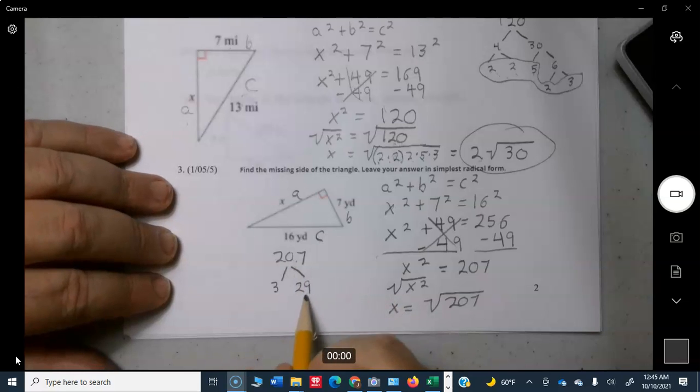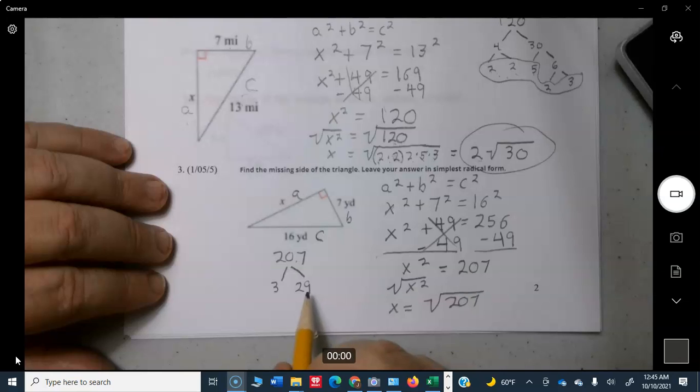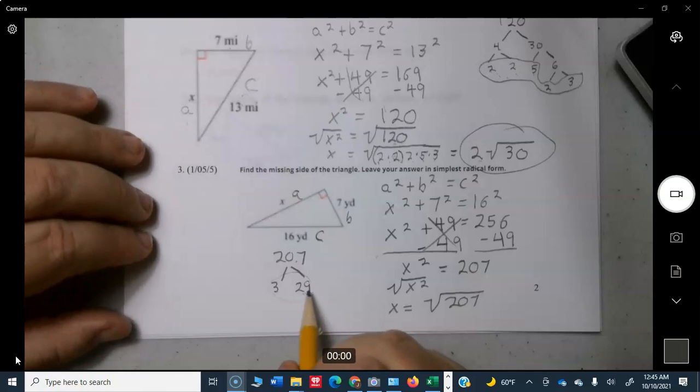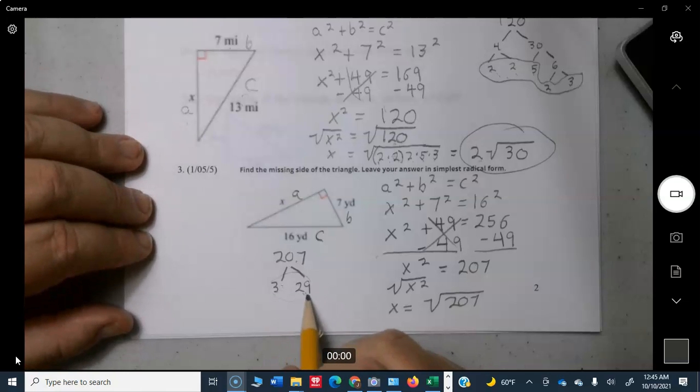Okay, 29 is a prime number. You can't break that down any further. So you can't pair up anything and pull it out. So there's no sense in even doing this. We didn't know that until we did it. But you get 2 prime numbers. Whoops, I didn't do that right.